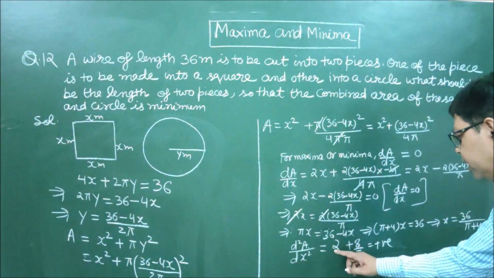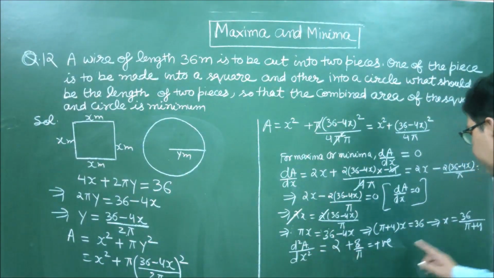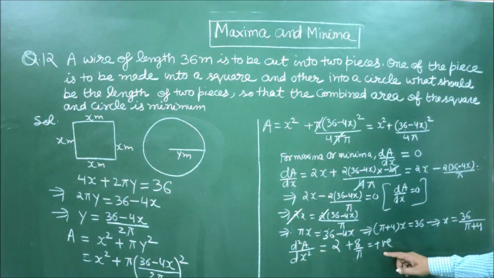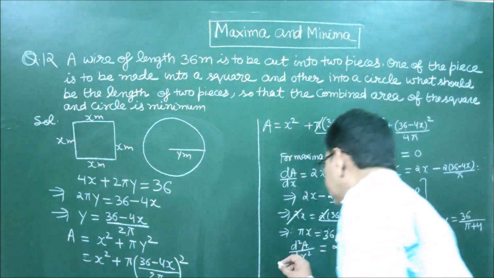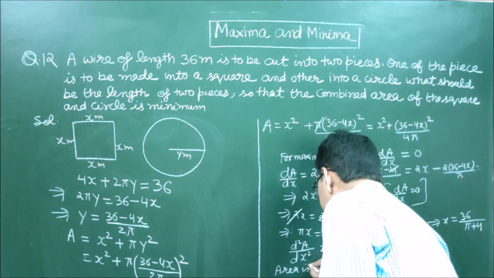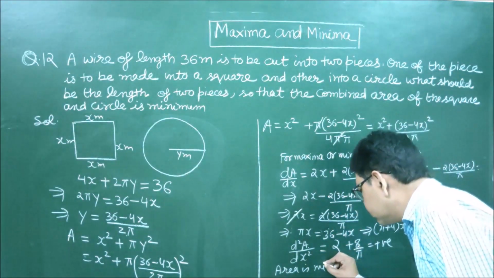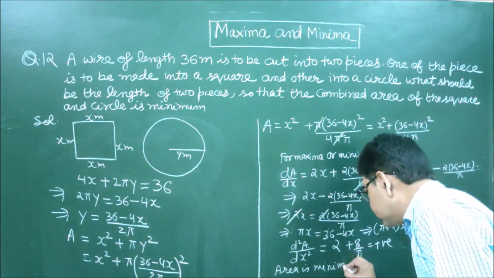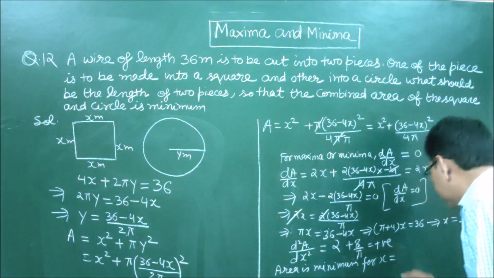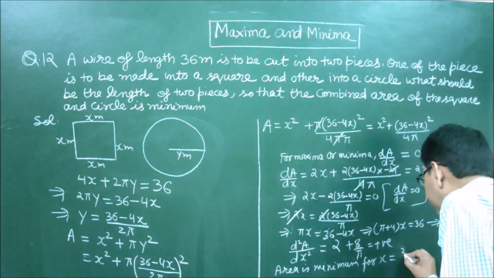If we have the variable x in the derivative, then we replace it by this value of x and then check, but this is already positive here. So the area is minimum for x is equal to 36 upon pi plus 4.